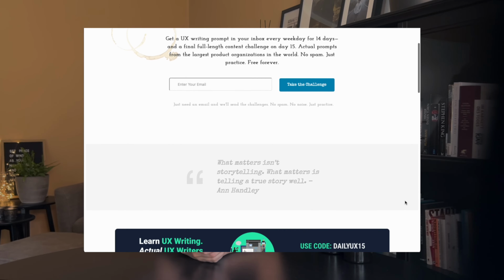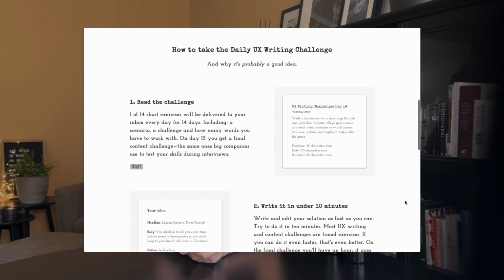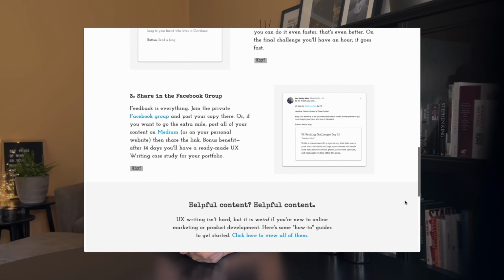So today we talk about UX writing challenges, also called UX writing prompts. Now, if you don't know what these are: programs, usually free programs, where you can sign up with your email address and then you are being sent UX writing prompts in a certain frequency. Now, these prompts usually look something like this.